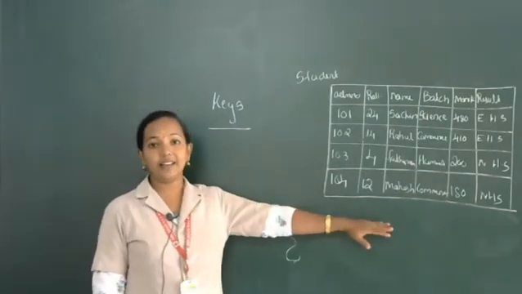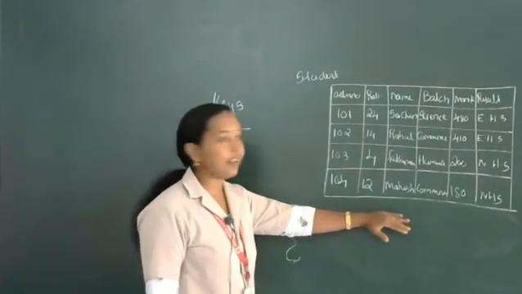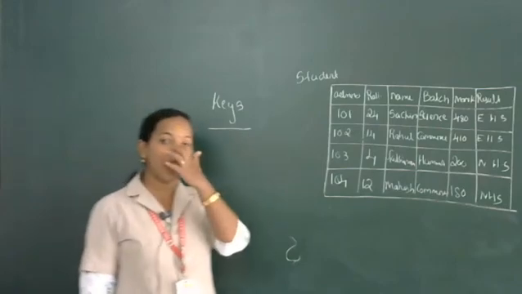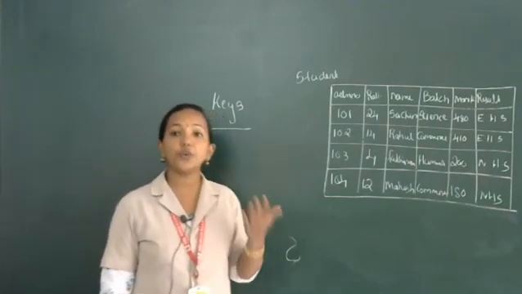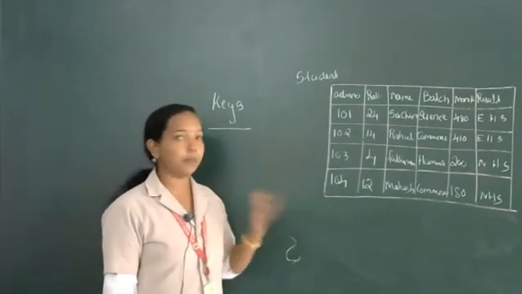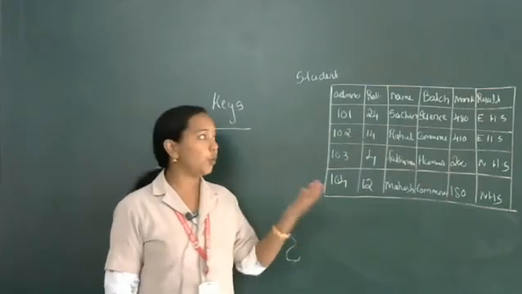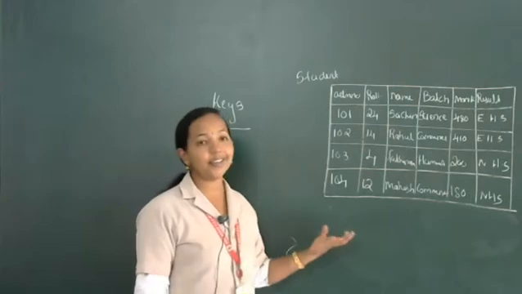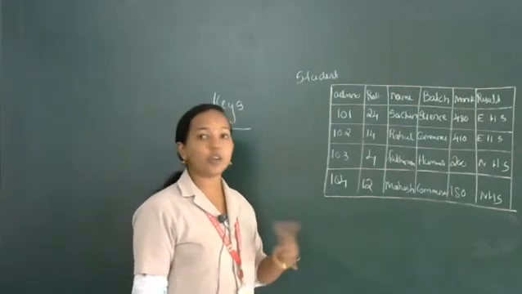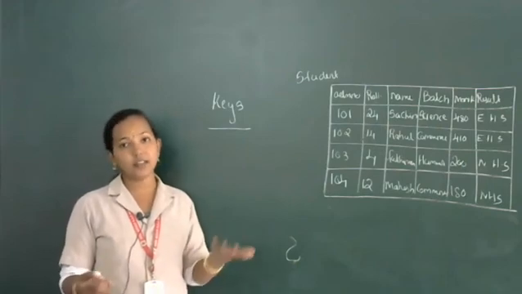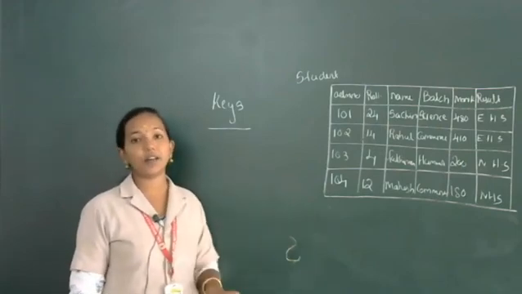That's why I gave this table here. By looking at this table, we can easily identify for what purpose we are using this kind of key: to uniquely identify a tuple. You don't need to open all the rows. If you know the admission number of a student, from thousands of students we can easily identify that particular student.